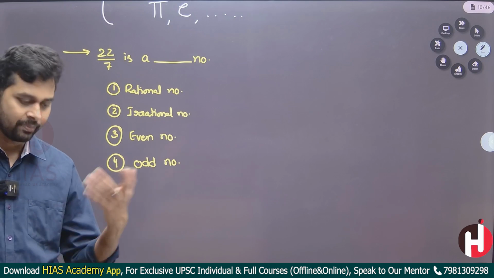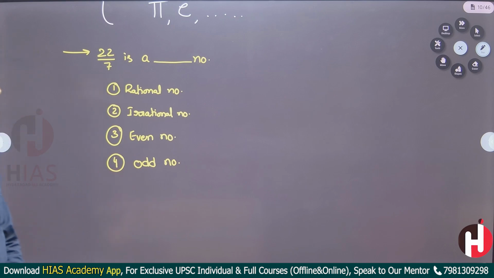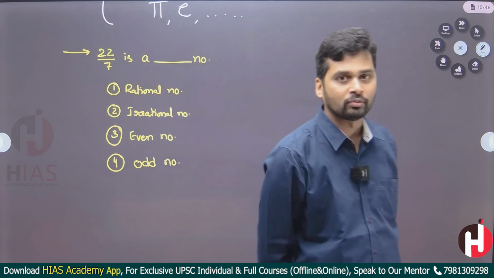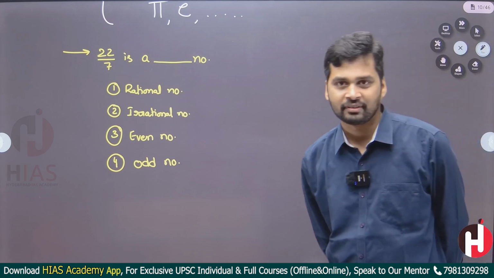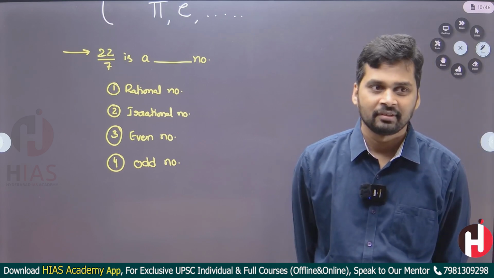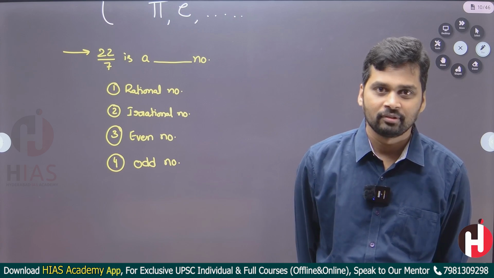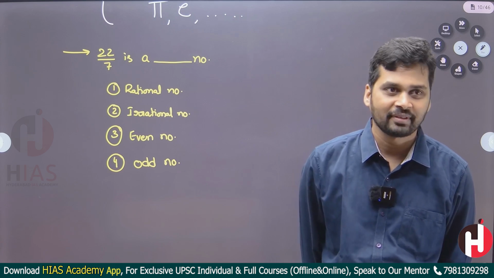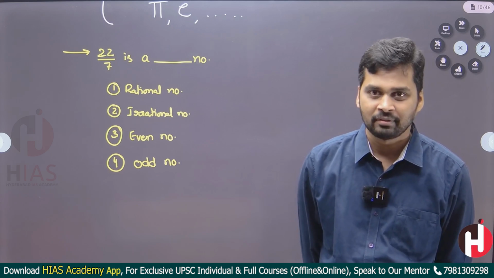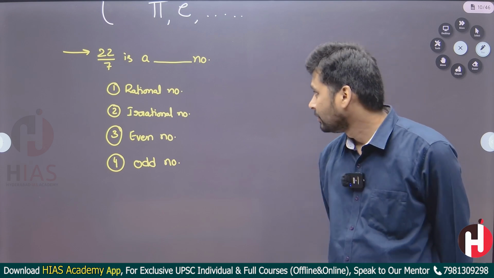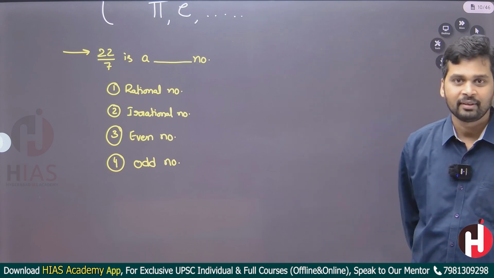It was a previous year question. 22 by 7 is which number? Rational number, irrational number, even number or odd number? You know the definition of rational and irrational numbers. So my question is, 22 by 7 is which number? Second option.